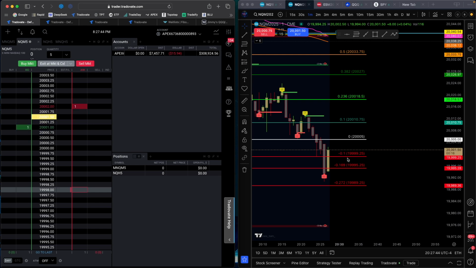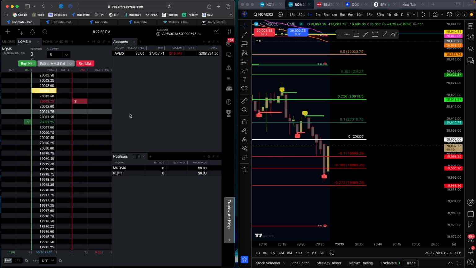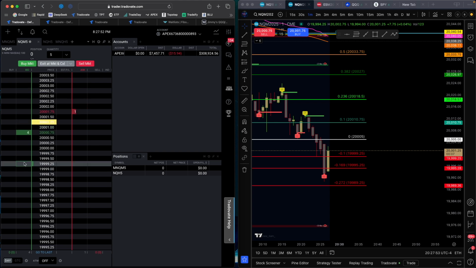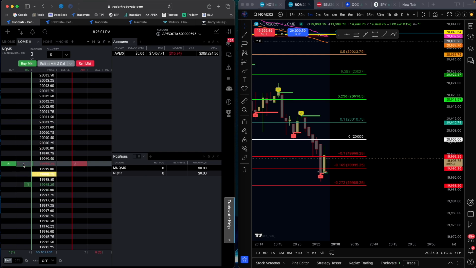All right, so wait to see if we're going to stay above the extensions or close back below it. I'd like for us to close back below it or push below the extensions. And if we do, I'm going to put an order in at 10%.